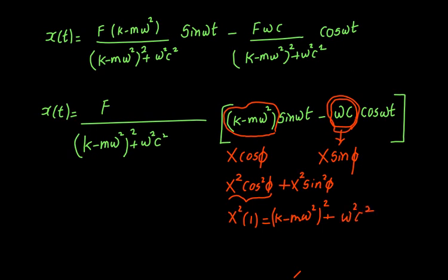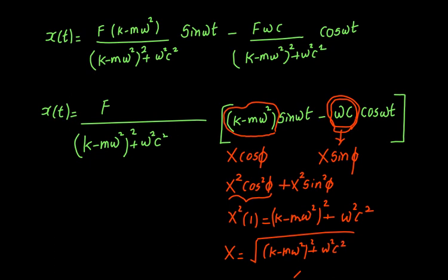That's right. So squaring these two numbers, you can get the value of X. It's simply the root of (k minus m omega square) the whole square plus omega square c square.